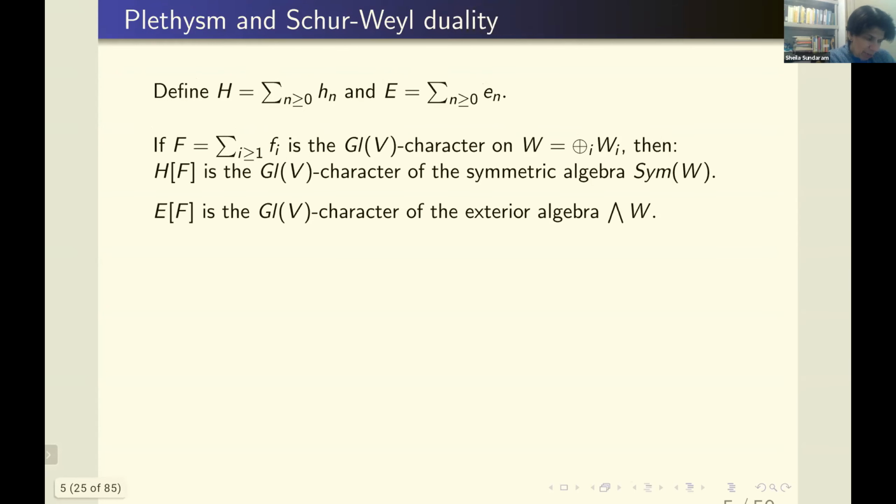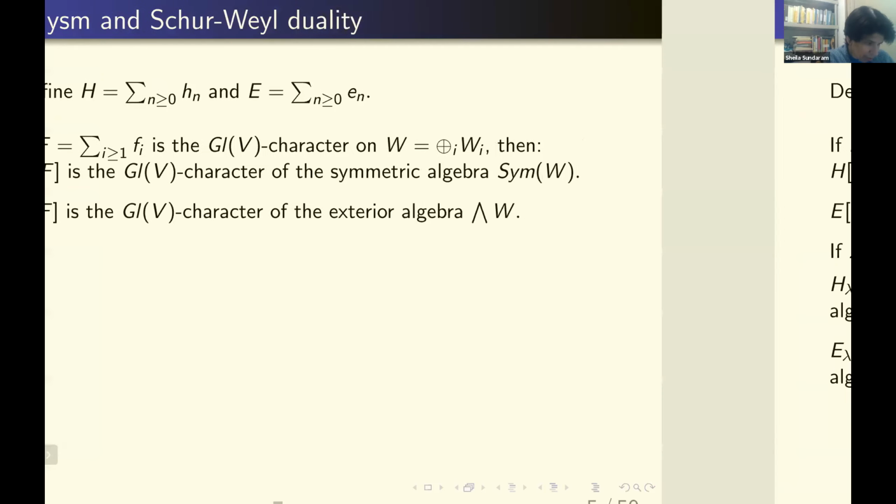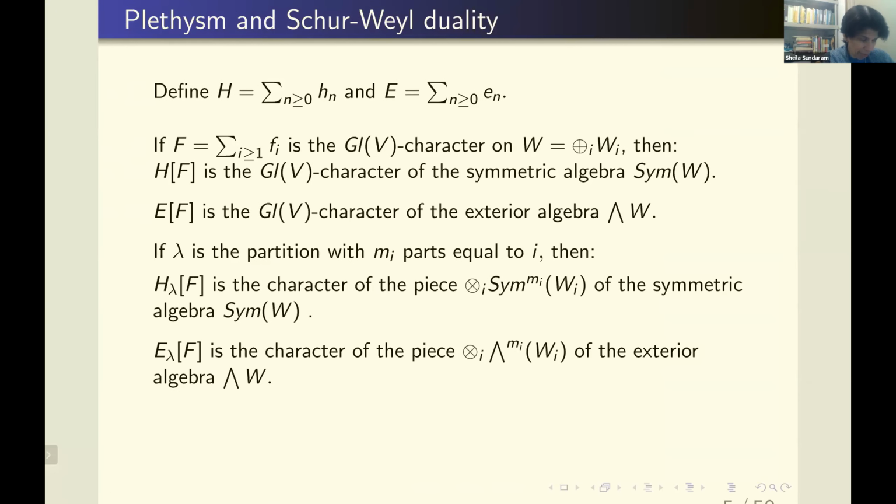And when I write H plethysm with F, I'm in the ring of symmetric functions. This is the GLV character of the symmetric algebra of W. And similarly, E of F is the GLV character of the exterior algebra of W. And more specifically, if lambda is the partition with mi parts equal to i, I'm going to write H subscript lambda of F for the GLV character on this piece.